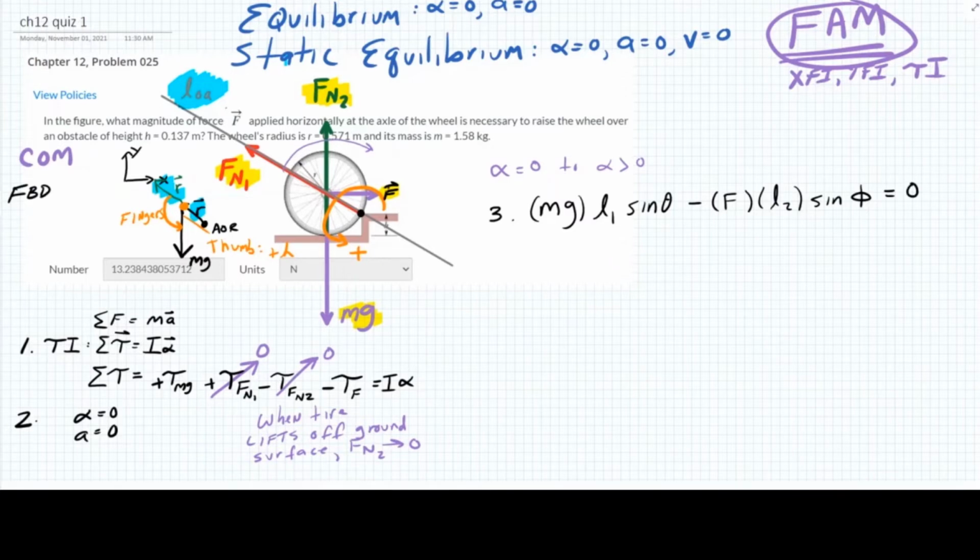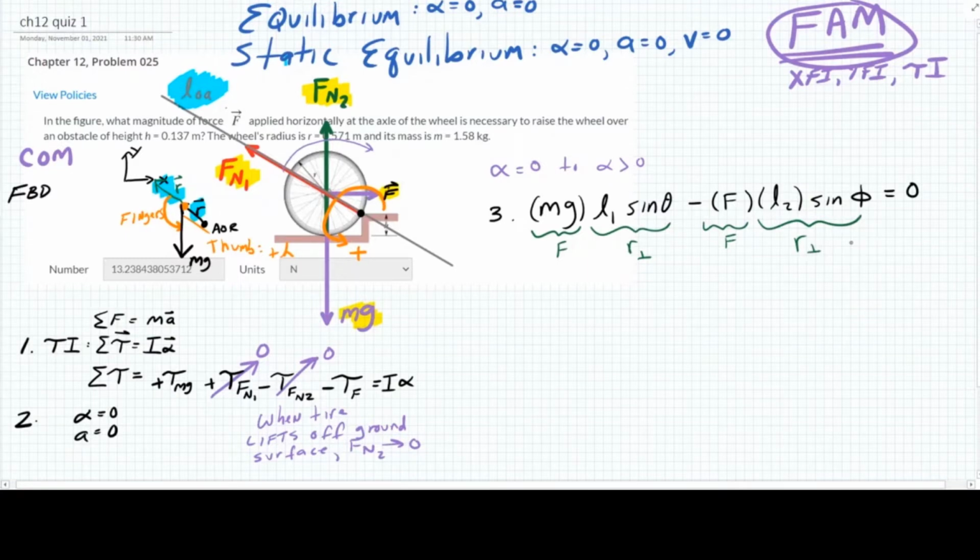This is force. This is torque arm right here. I'll indicate torque arm as just R perpendicular. Over here, this is force, and this is torque arm.